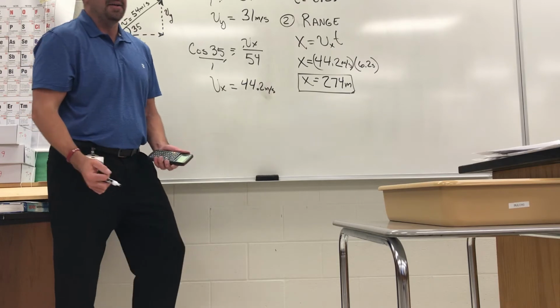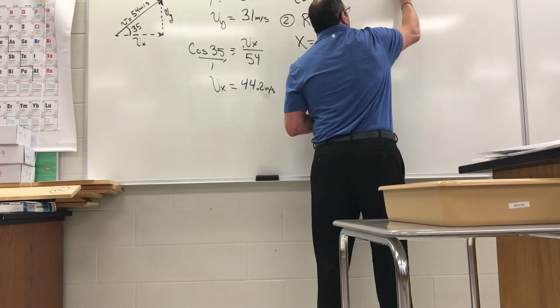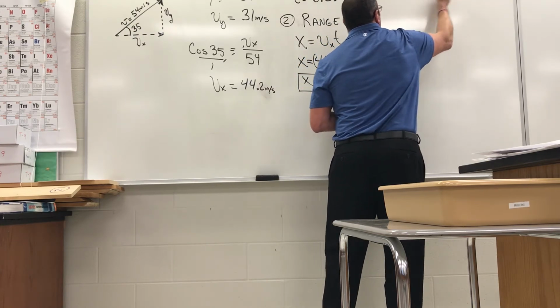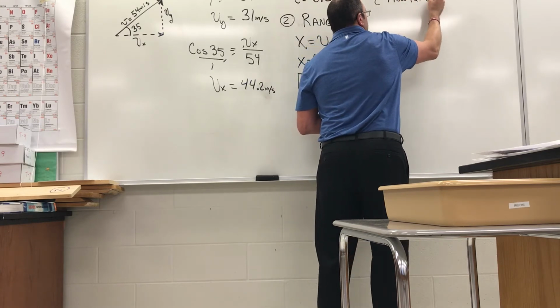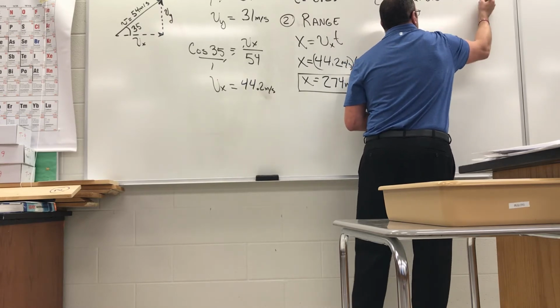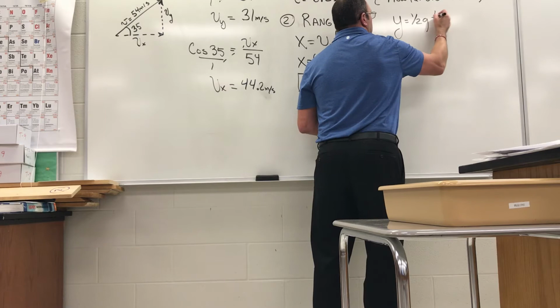Last thing is, how high did it go? And again, I'm going to change it to how far did it fall? And again, we're going to use y equals 1/2 gt squared.